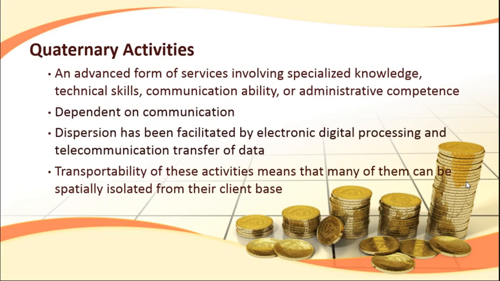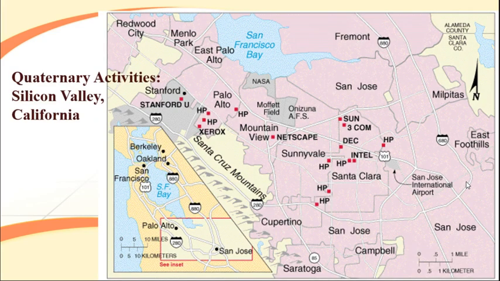And so the client base doesn't have to be spatially adjacent, right? And so you can have global networks that rely only on these kind of electronic communications, right? Because it's communication dependent.